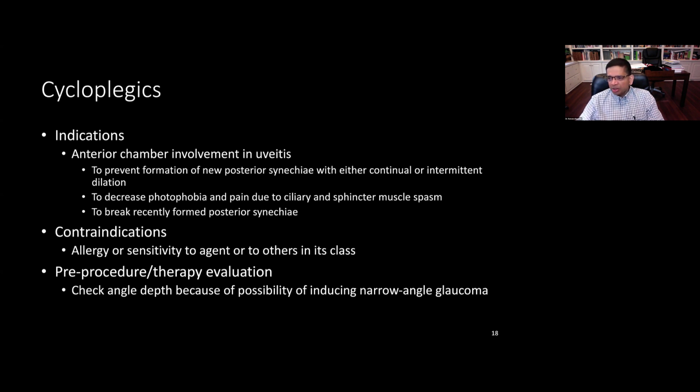I can't express to you the importance, when you give us information as SITE mentors, when we're looking at these cases, of telling me the amount of cell and flare in the anterior chamber under the slit lamp examination, and the nature of the vitreous findings, how much cellularity there is in the vitreous, which you can assess with the slit lamp.